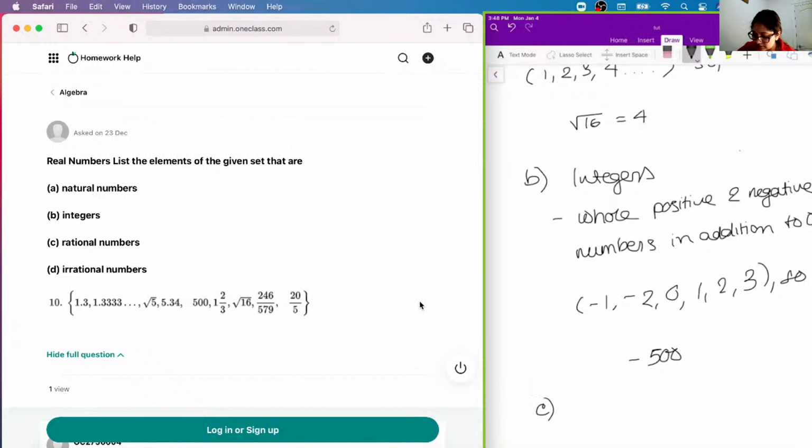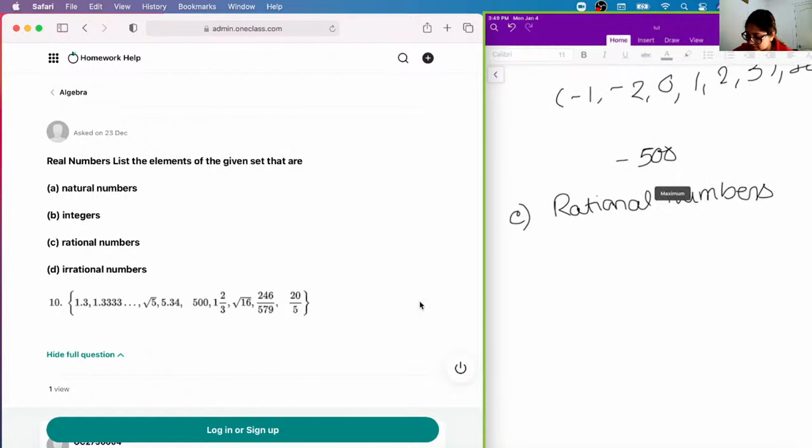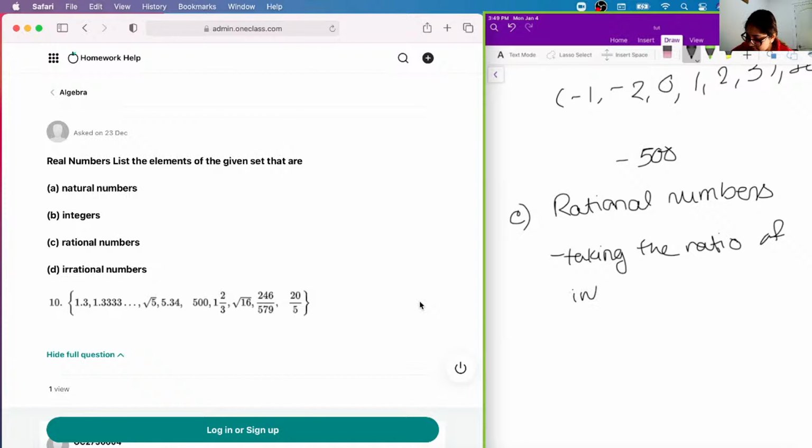Okay. So C, which is rational numbers. Rational numbers are the ratios of integers.